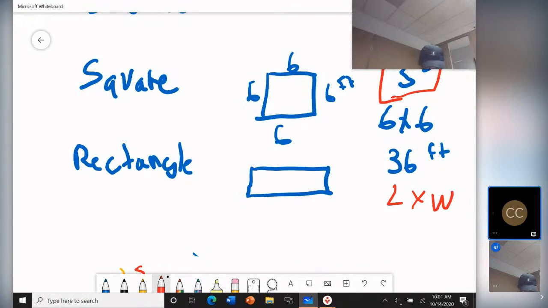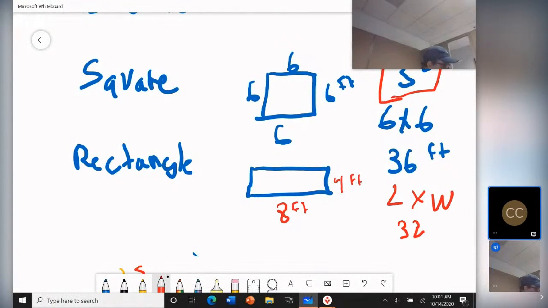So the length we'll say is 8. We'll use feet again. And width we'll say 4. So it's just going to be 8 times 4. So it's length times width. So that would be 32. Okay.